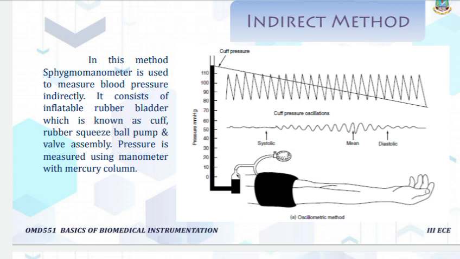At the point where this Korotkoff sound disappears, it is known as muffling. The use of Korotkoff sound as the indirect indicator for blood pressure is known as auscultation. So here we are measuring just based on the Korotkoff sound, taking the reading based on it.